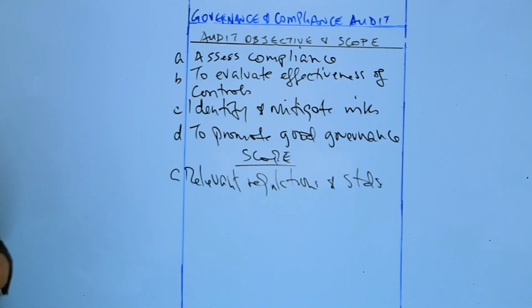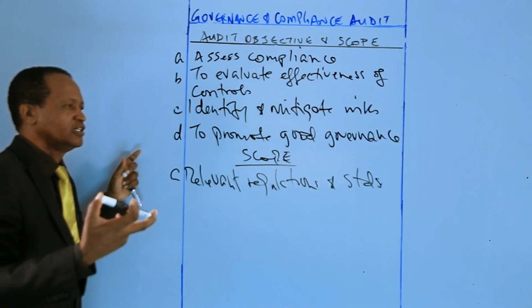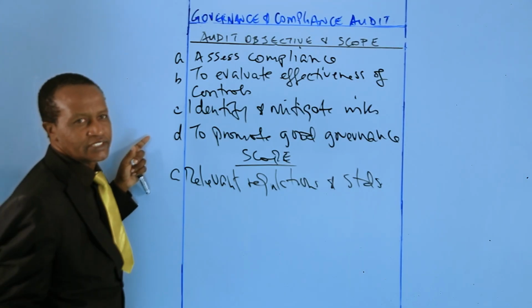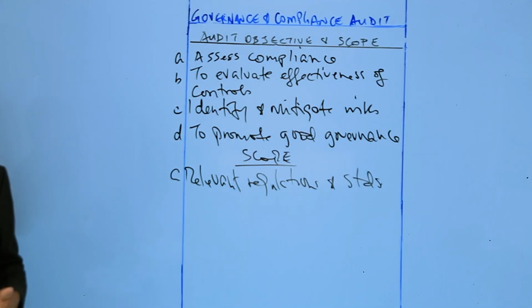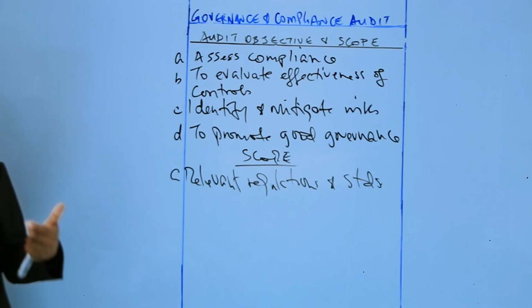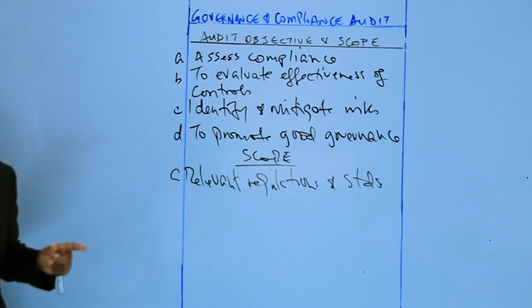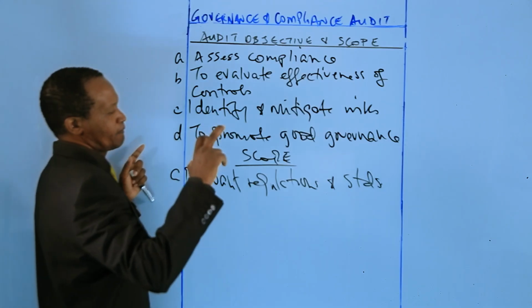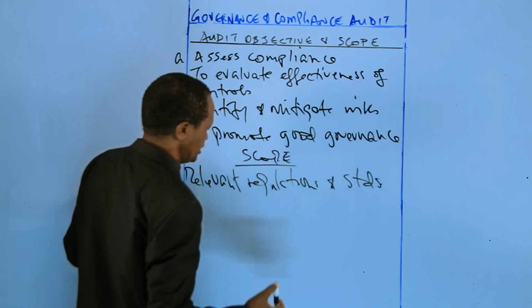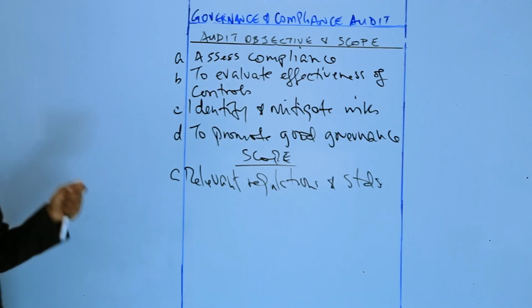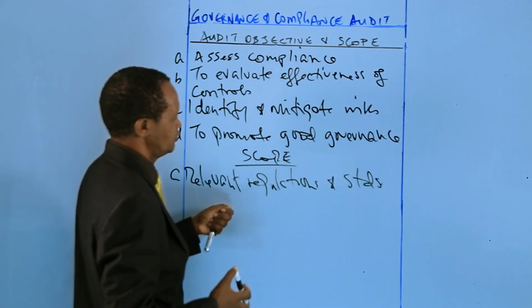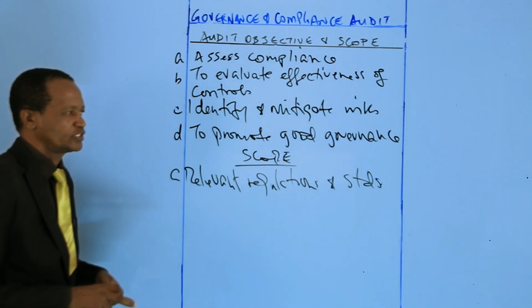And if the objective is to assess maybe data protection compliance, then the scope must include all departments, systems, and processes that handle the areas that are being examined. All right. So one important factor to consider when determining the scope of an audit is relevant regulations and standards.